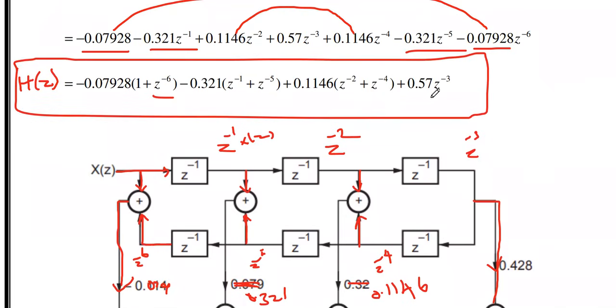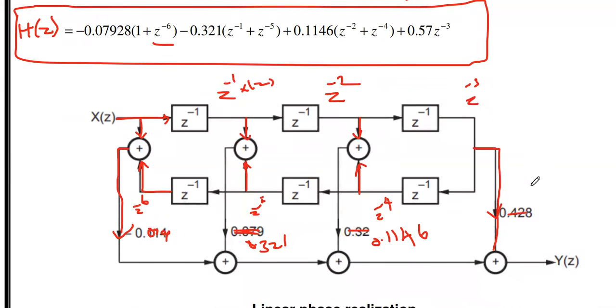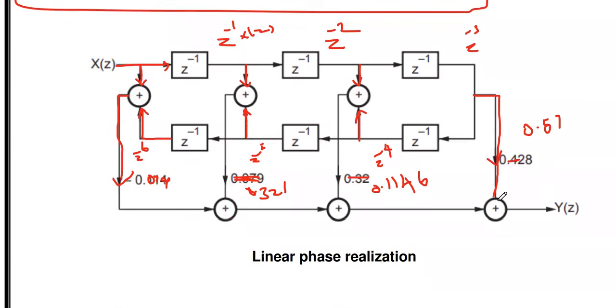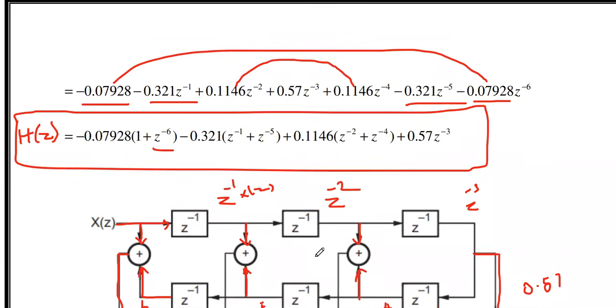Sorry, here this diagram is for another problem, so you just multiply it with 0.57. Finally, if you add all these values, we get the output y of z. So this is the linear phase realization of our given problem.